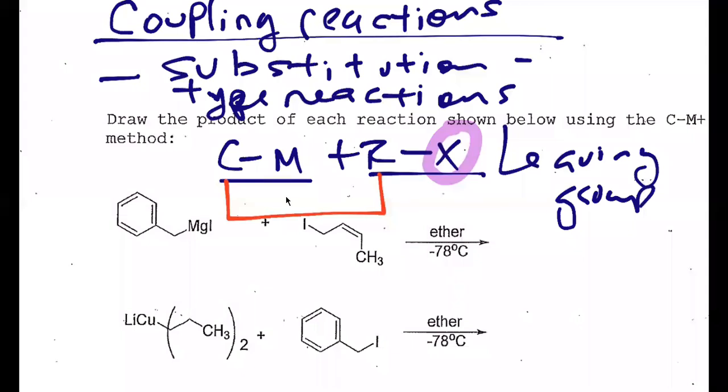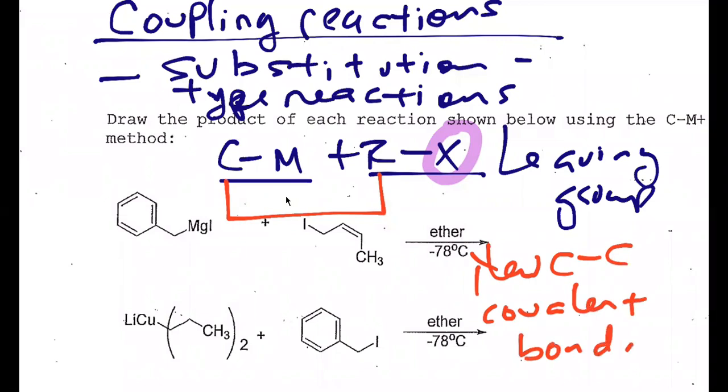The goal is to make a new carbon-carbon covalent bond, facilitated by the organometallic reacting with some type of alkyl, vinyl, or aryl halide. Keep that in mind: the overall goal is to make a new carbon-carbon bond.